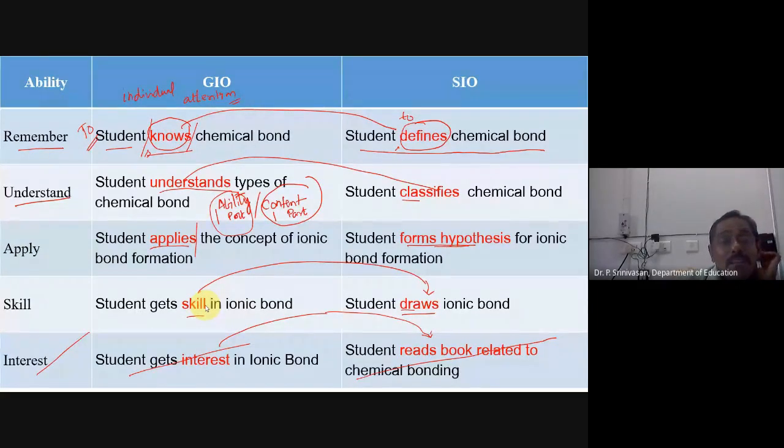I do not know how to write GIO, SIO. You tell me how to write. Give some points. Guide me how to write GIO and SIO. Parvadavardhini is sleeping, huh?